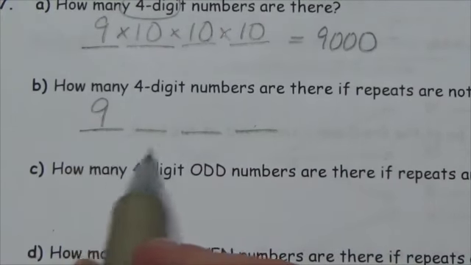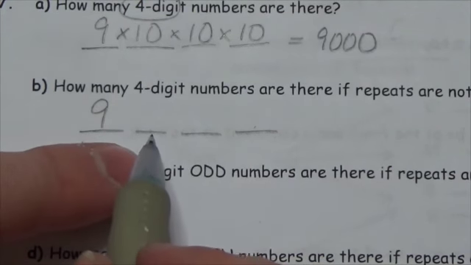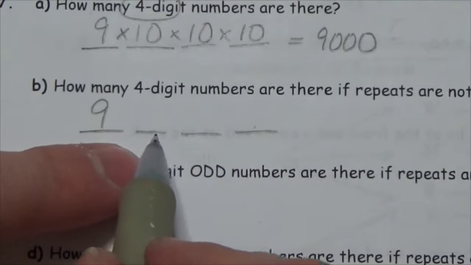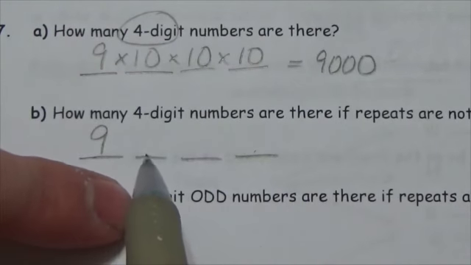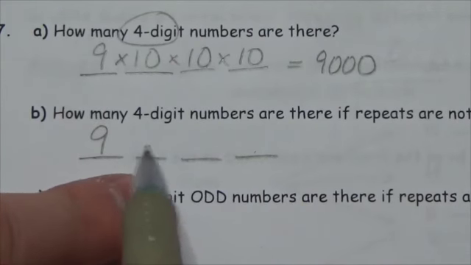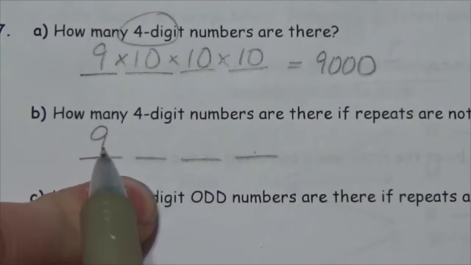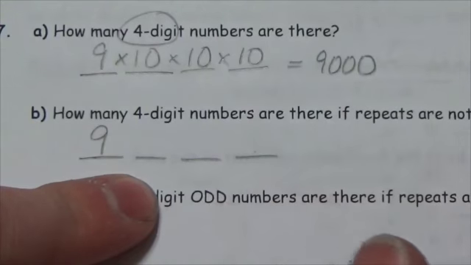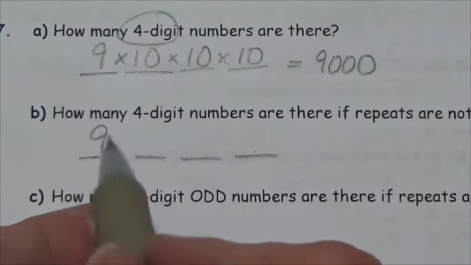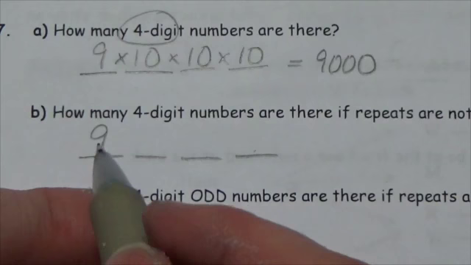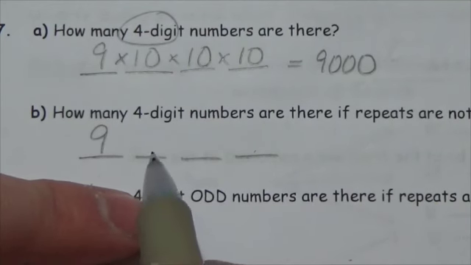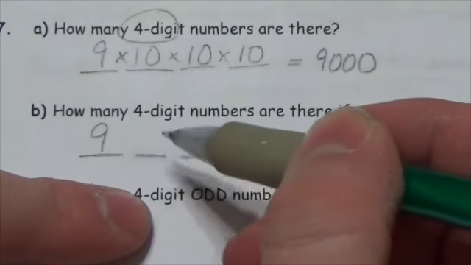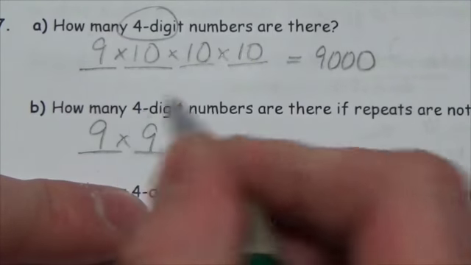Now, I can use 0 in the second position, which would mean, like in the previous question, there should be 10 options here. However, in the second position, I can't use the number that I just started with, because we are told here that repeats aren't allowed. So I don't know what number I used up here. It wasn't 0. Let's just say it was 7. I can't use 7 here, but I can use 0. So I don't have 10 choices. I have 9 choices.